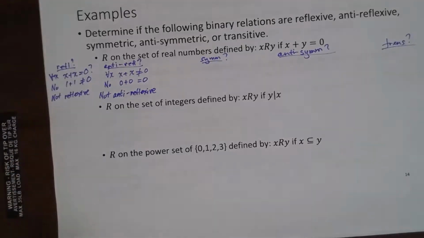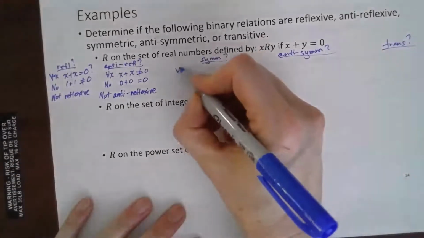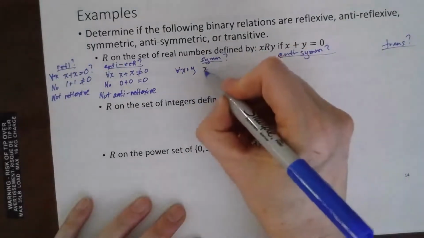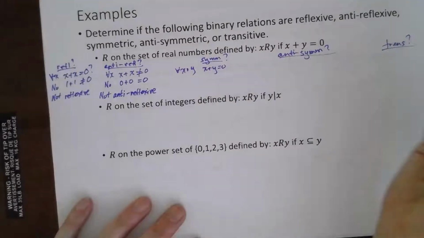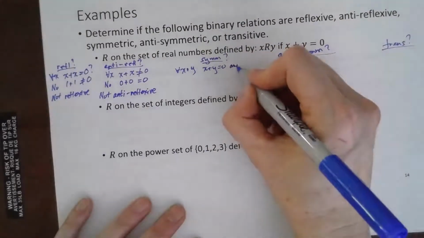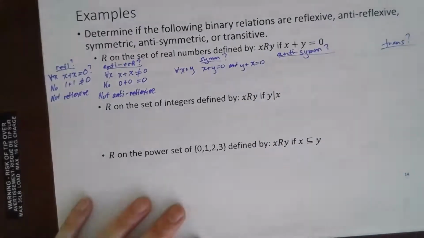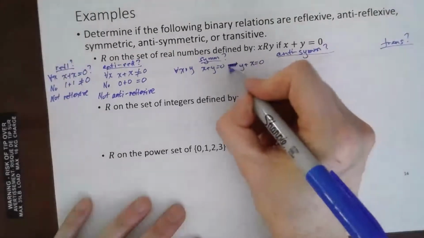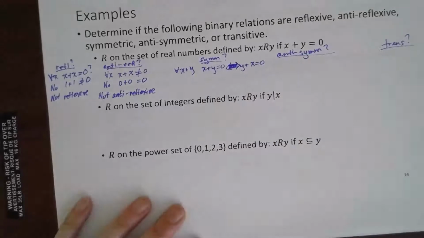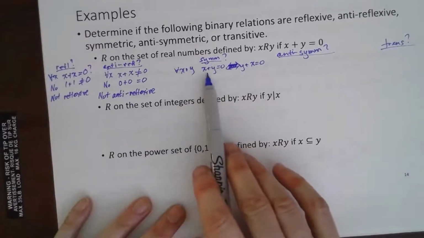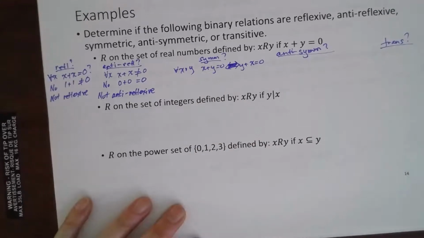Okay, so symmetric, that would mean that for all x and y, whenever I have x plus y equals 0, I also get y plus x equals 0. I'm going to put if and only if, because either they're both true or they're both false. So x plus y equals 0 if and only if y plus x equals 0.